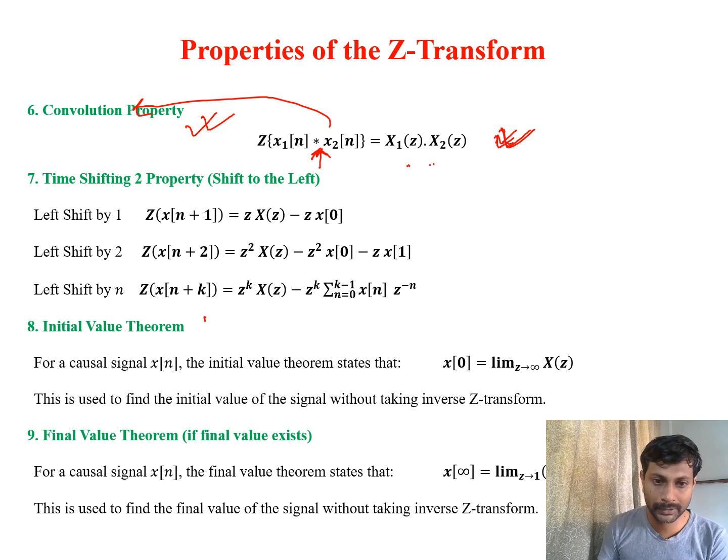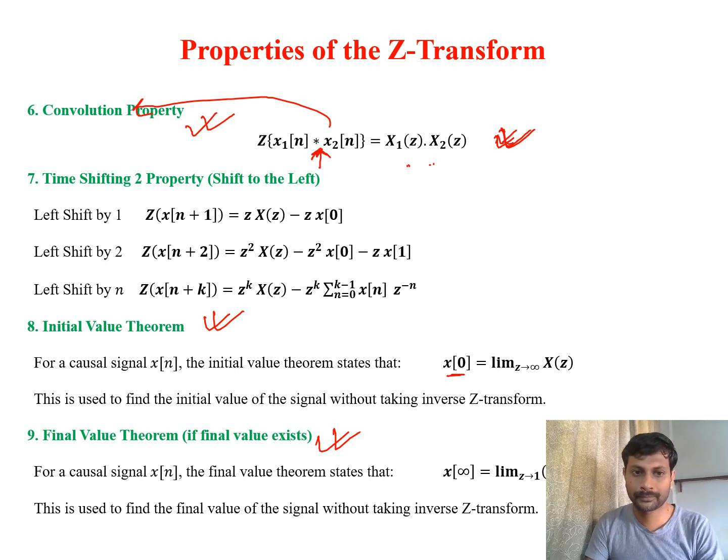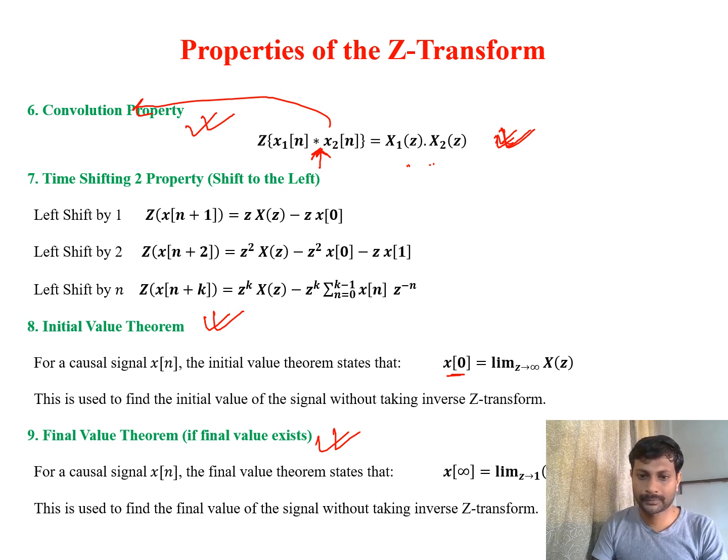Then you have the initial value theorem and the final value theorem. The initial value theorem is given by x 0 equals the limit as z tends to infinity of X z, and the final value theorem is given by x infinity equals the limit as z tends to 1 of z minus 1 times X z.